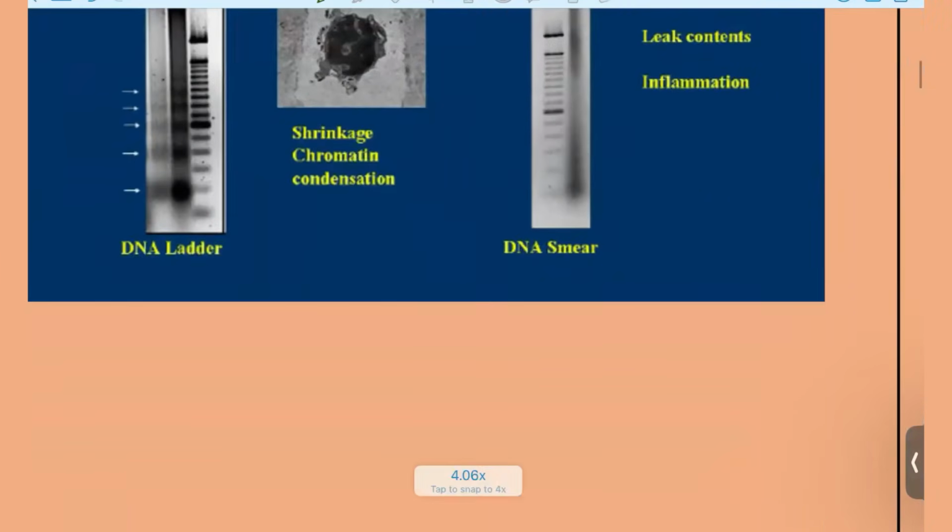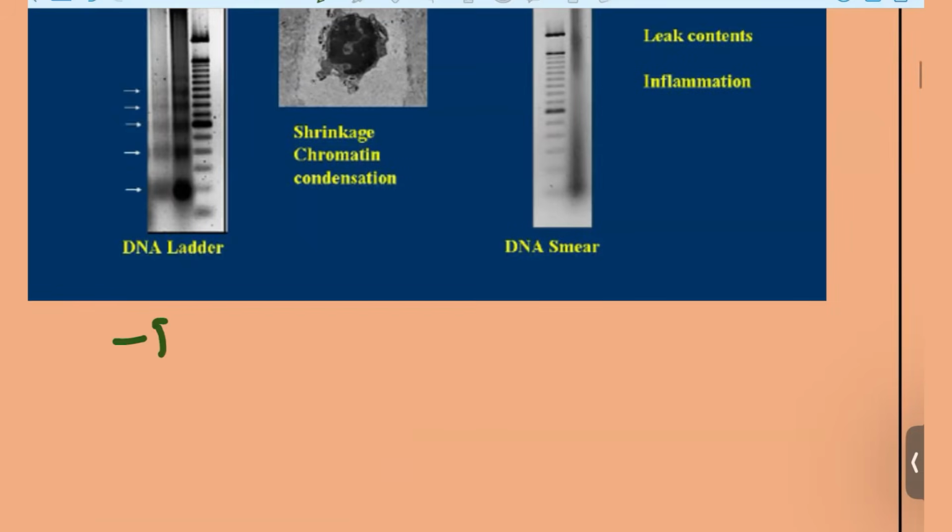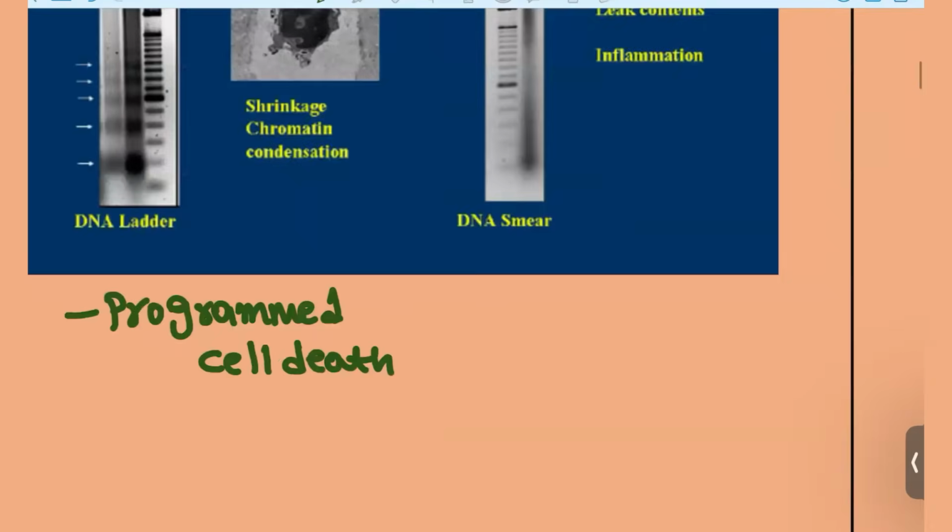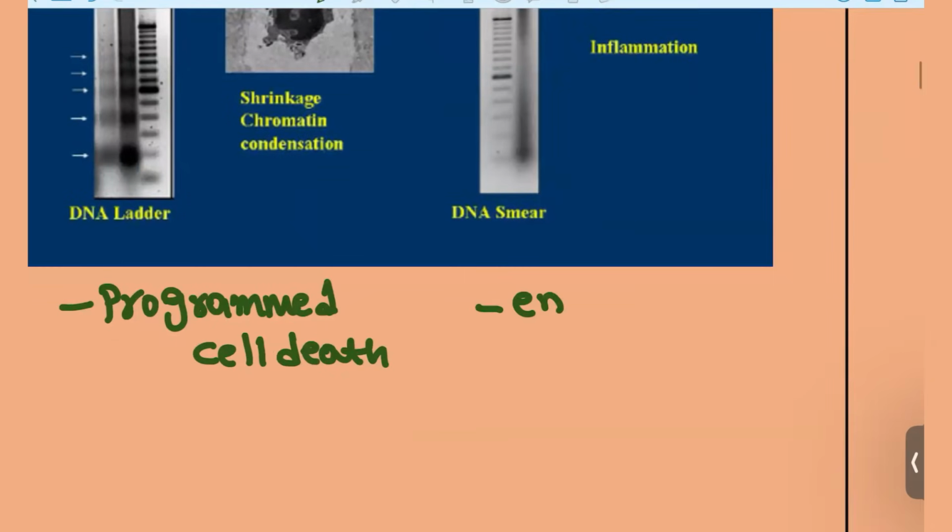Next, see the main differences. What is meant by necrosis and what is meant by apoptosis? Apoptosis is mainly programmed cell death, whereas necrosis is enzymatic death.